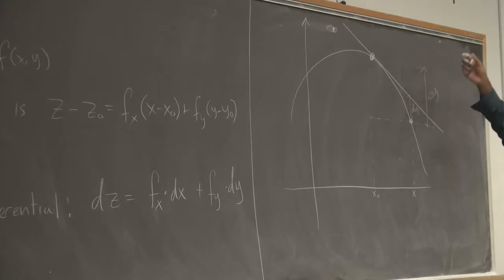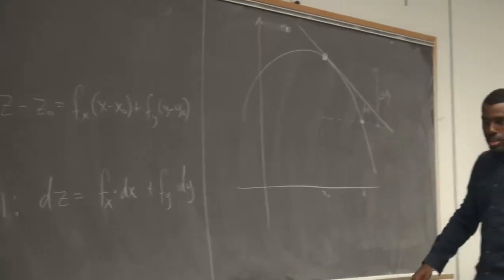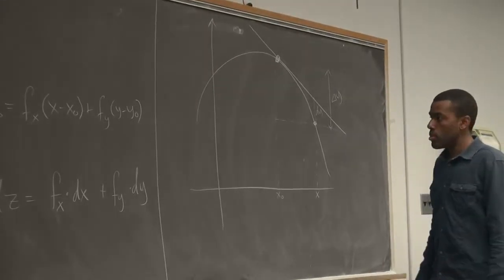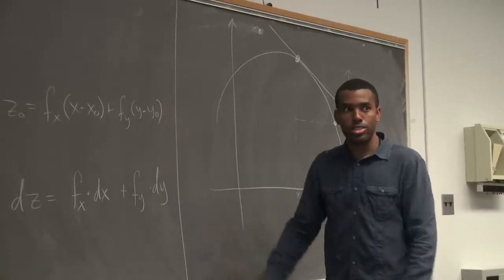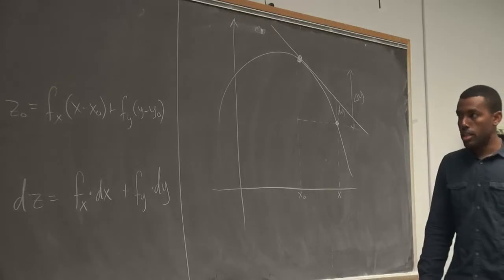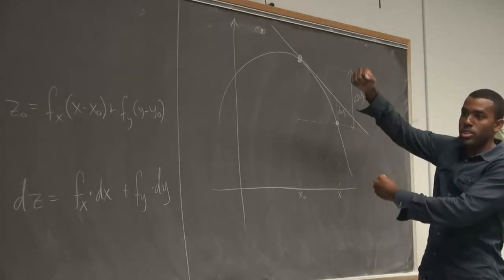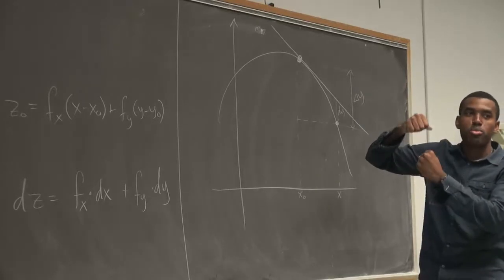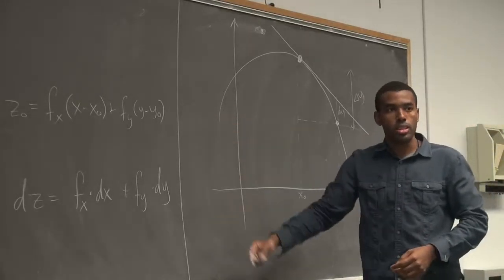But the idea is, if you zoom in close enough, they'll be so close together that they're pretty much the same thing. But technically, by definition, they're not. This one has more approximations going on. So it's the actual difference versus the difference you get by approximating with the tangent line. That's the difference between the delta and the d.